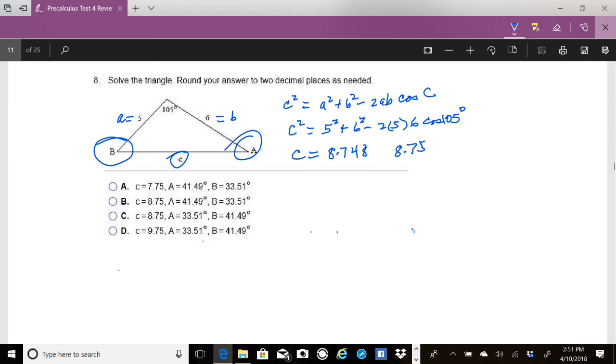Calculate angle A, which says that cosine of A is equal to B squared plus C squared minus A squared over 2BC.